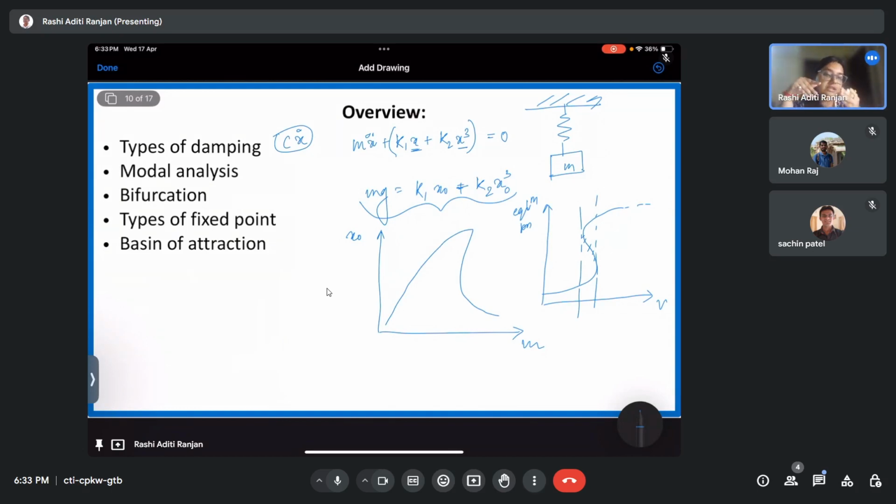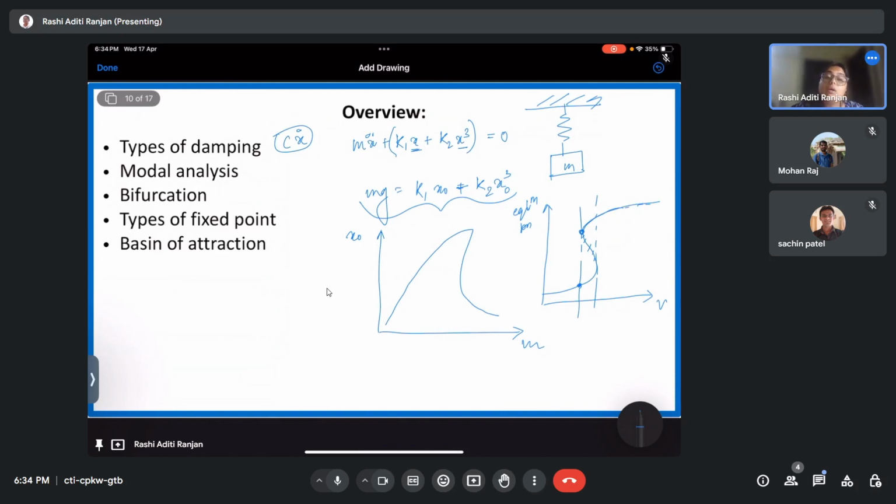If I keep increasing the voltage gradually, first I gave it a voltage V1, then the system stabilized, then a small amount of voltage is increased, the system is given some time and it stabilizes. But as soon as it reaches this point, even a very small variation in voltage leads my system over here, and then it follows this path.